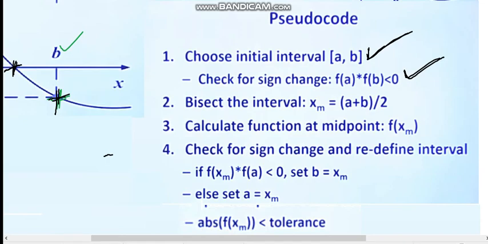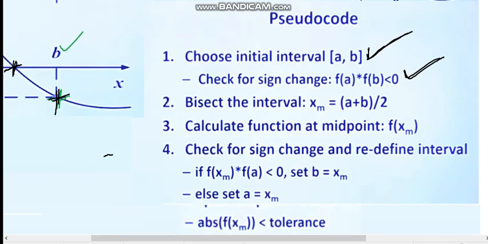Only then can we have both positive and negative values of the function. Suppose f of a is negative, then f of a times f of b becomes negative, or if f of b is negative, f of a times f of b also becomes negative. If this condition is valid, then the function has positive and negative values at these endpoints, so we can choose a and b as the interval.